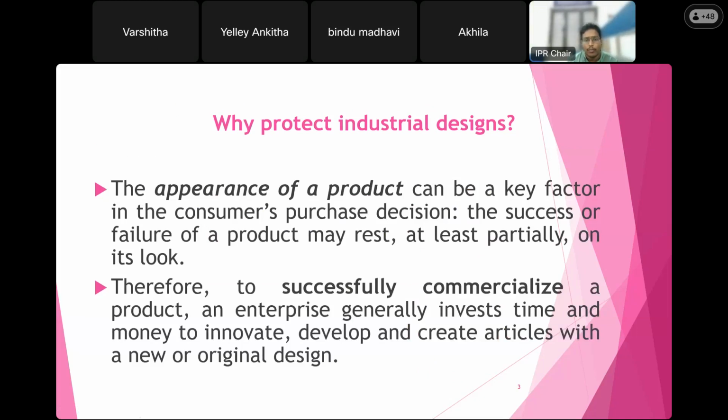If there are two mobiles with the same kind of features, but one looks really good, then obviously the consumer will prefer that one. So the appearance of a product also shapes the decision of the consumer.